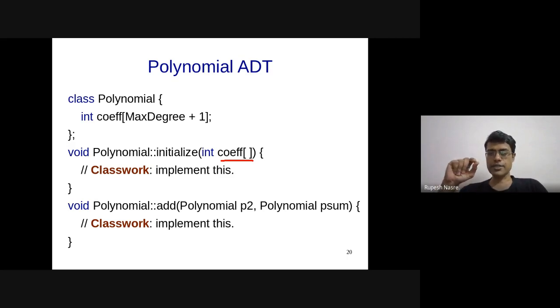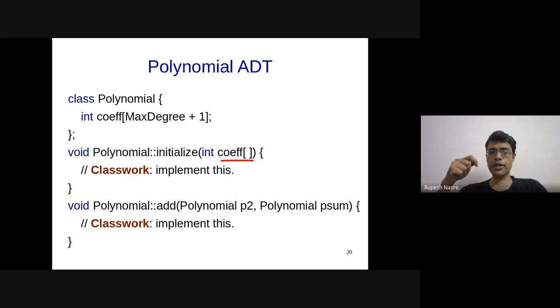What if I have to access P2's coefficient array? I'll say P2 dot coefficient, assuming coefficient is a public element. If it is a private element, then I need to provide an API in polynomial which will take an index and give me the coefficient at that index.